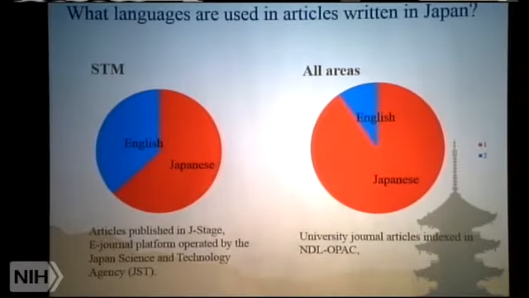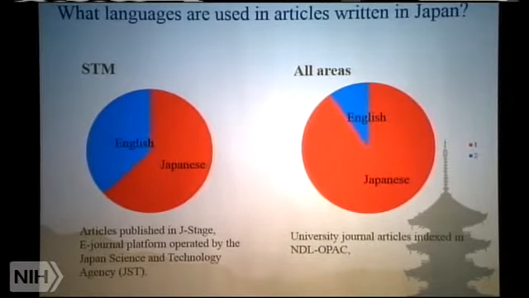That is, 60.7% were in Japanese. In addition, most of the humanities and social science research, which is typically published in university journals, is naturally in Japanese rather than English.